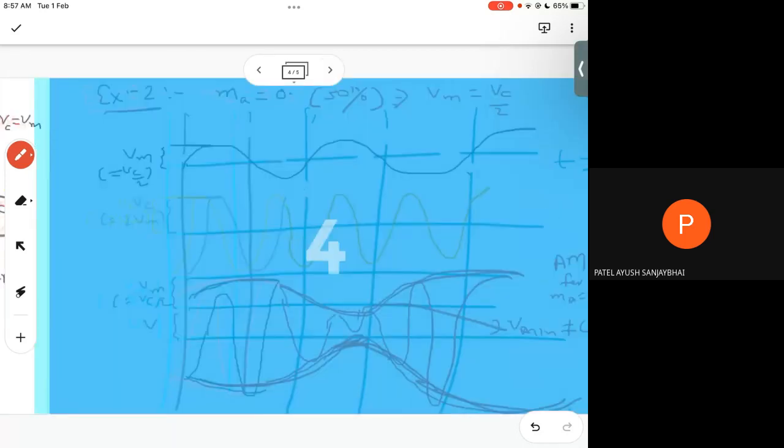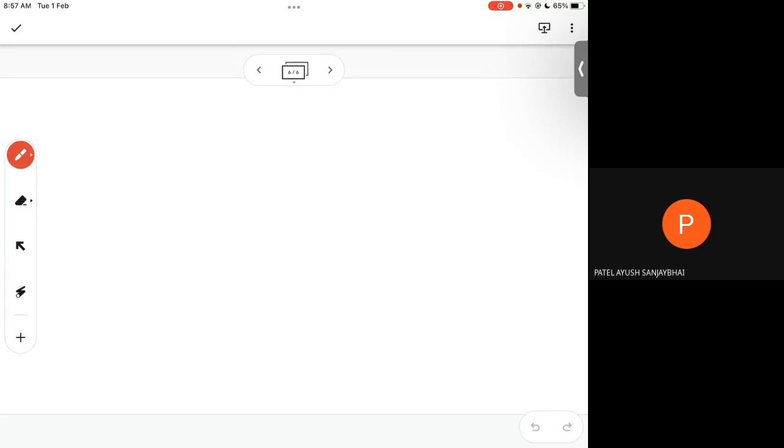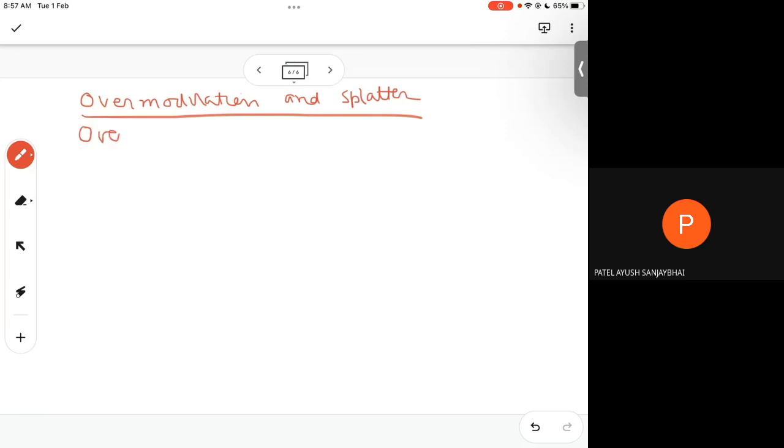Now, sometimes there are cases which we normally see, what we call overmodulation and splatter. There could be an overmodulation case. So what is this overmodulation? First we'll start with overmodulation, because both are related to one another.